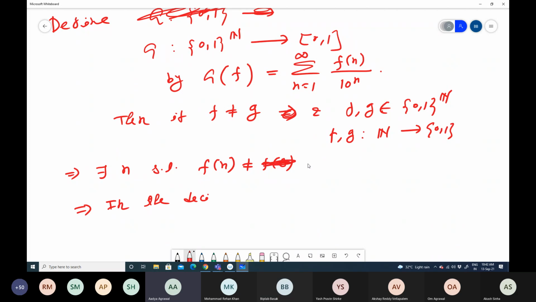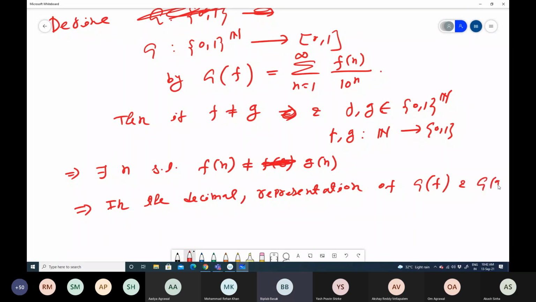So in the decimal representation of G of f and G of g, the nth entries are different.